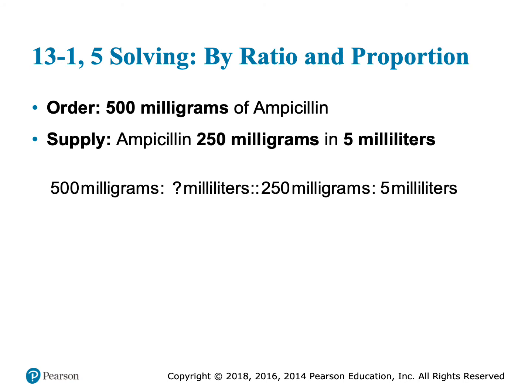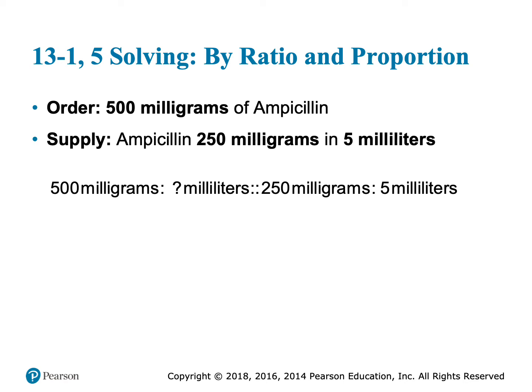All right, so let's look at a second way to solve this. This is by using the ratio and proportion method. So again, we have 500 milligrams that the doctor has ordered, and the supply we have on hand is 250 milligrams of ampicillin in 5 milliliters.